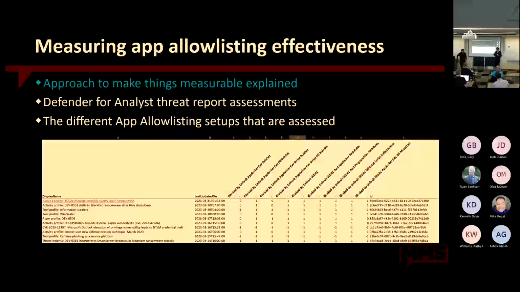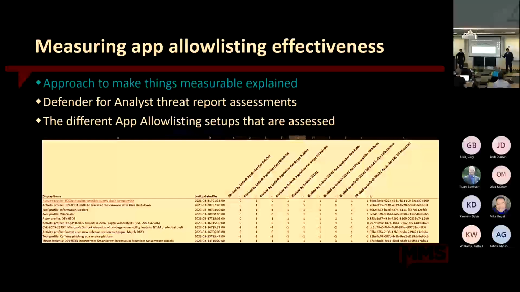And I basically go over every individual threat campaign and I verify for each and every one of the implementations that we track, whether it would stop, or not stop, that particular threat campaign.